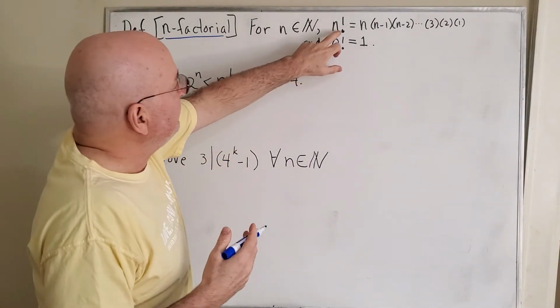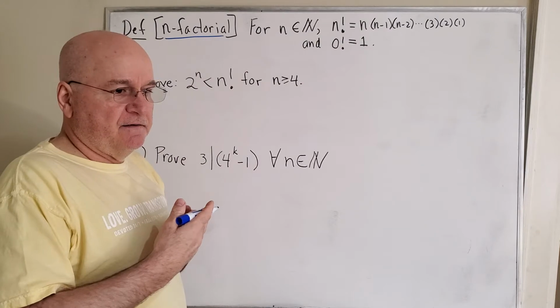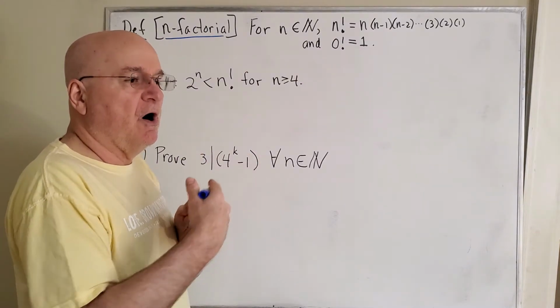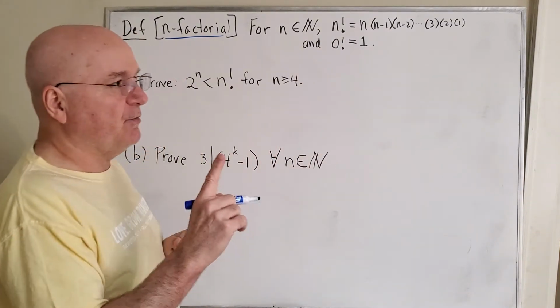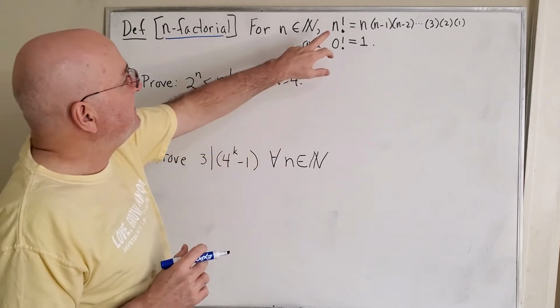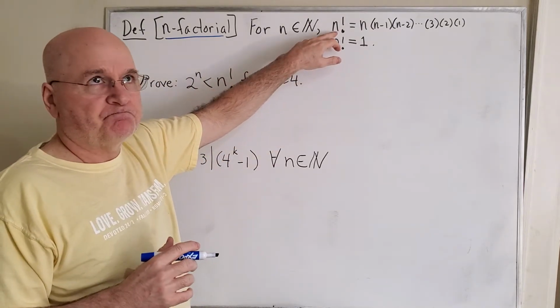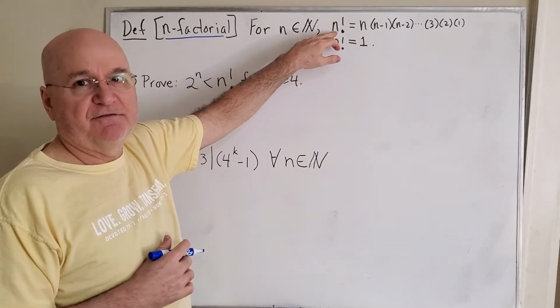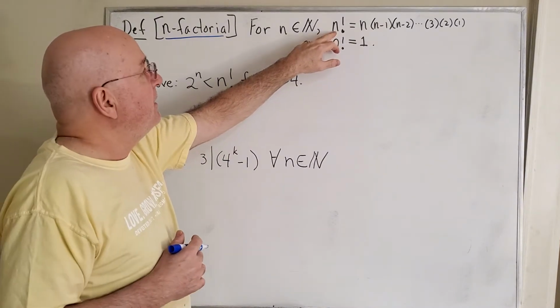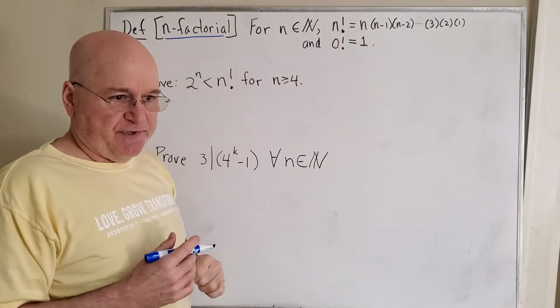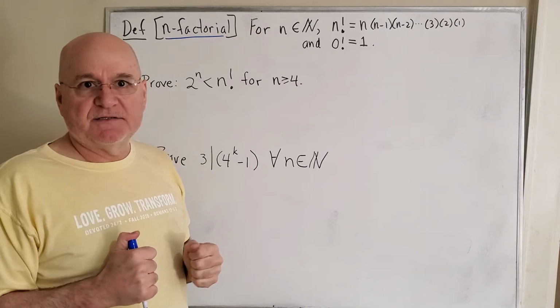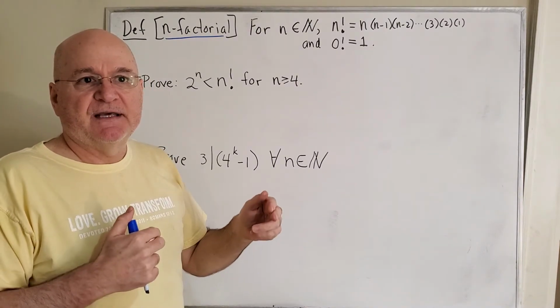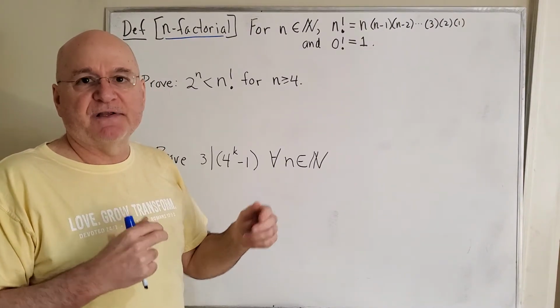And n factorial is n times n minus 1 times n minus 2 all the way down to 1. So another way of saying that would be when n is a non-negative integer, n factorial is the product of the first n positive integers.